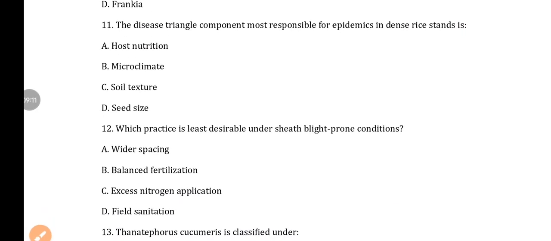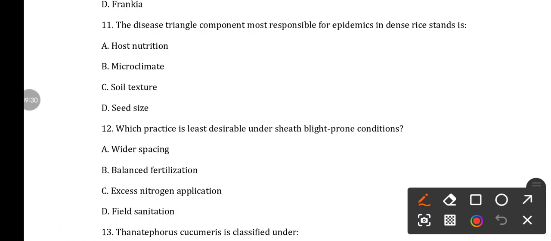Next, question number 11. The disease triangle component most responsible for epidemic in dense rice stand is option A, host nutrition, option B, microclimate, then option C, soil texture, and option D, seed size. So here the answer is option B, microclimate.